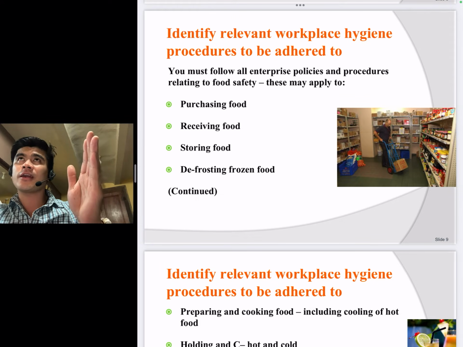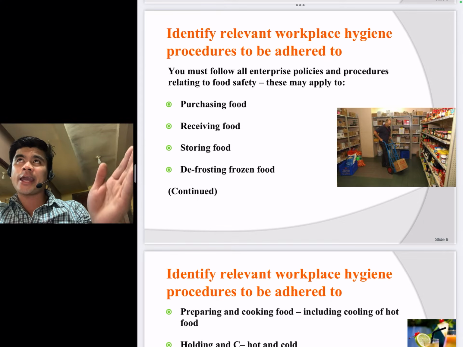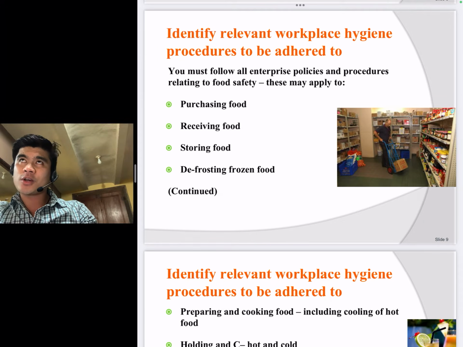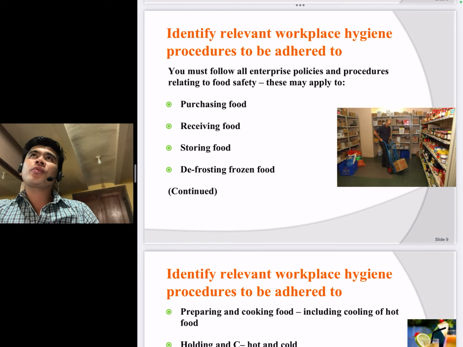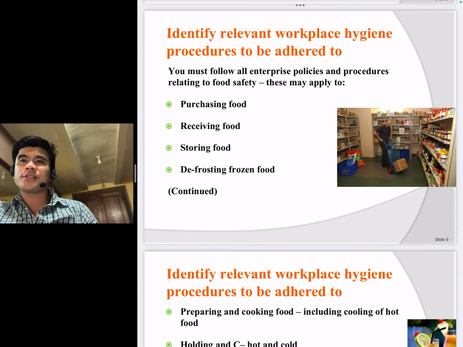It says here that the temperature of the egg is this. So you have to compare. And it says here that I'm going to receive the dairy products. The temperature of the dairy products should be less than 3 or 4 degrees Celsius. And then you accept it if it's up to the temperature.